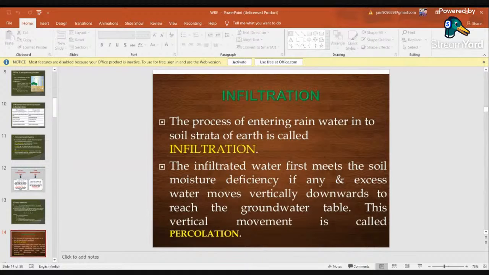So percolation and infiltration are two different characteristics of groundwater. Infiltration is the total amount of water that will get infiltrated into the soil. But percolation is the amount of water that will add to the groundwater table after fulfilling the soil moisture deficiency, if any, in that soil strata.